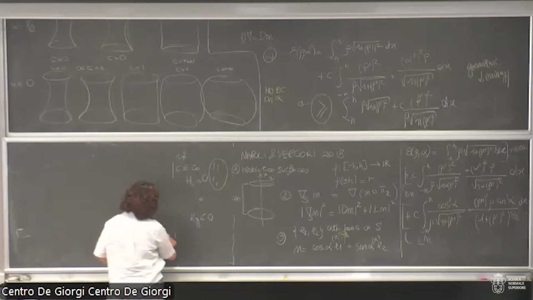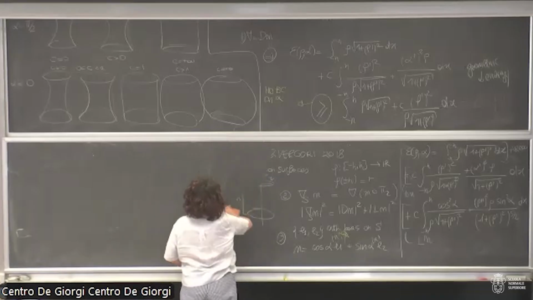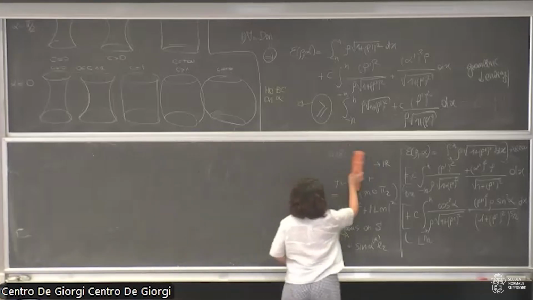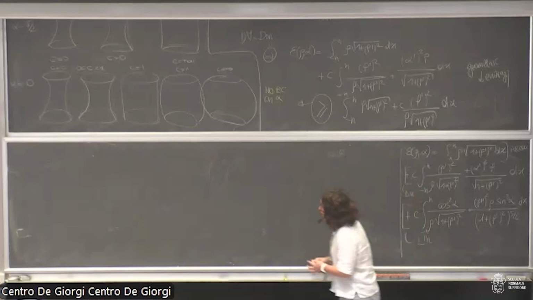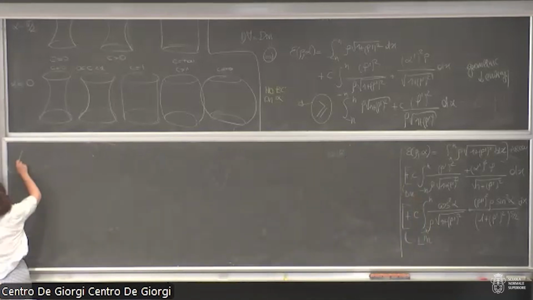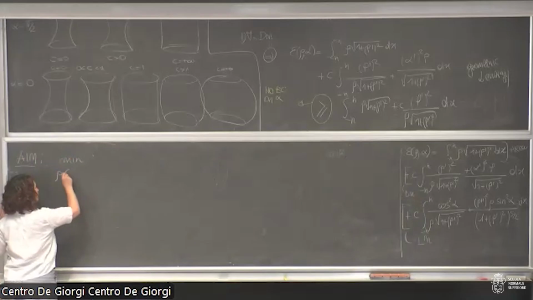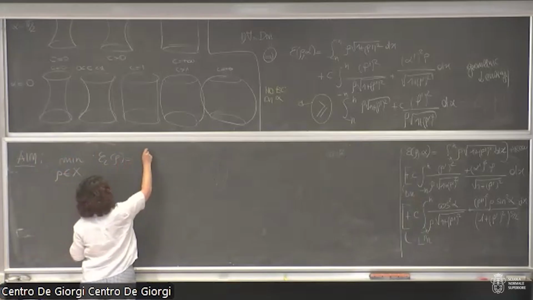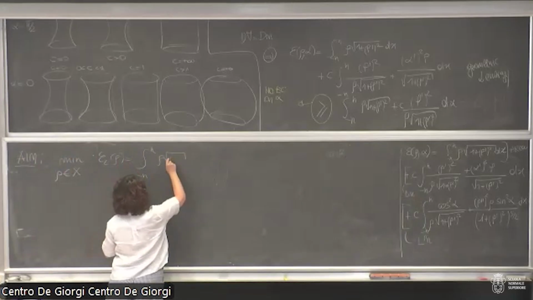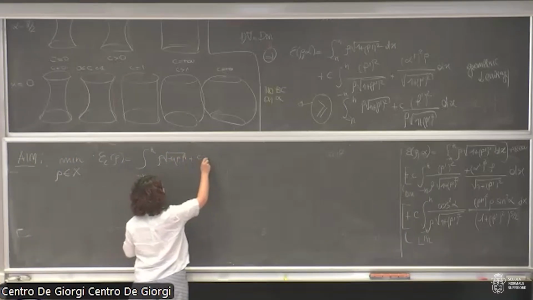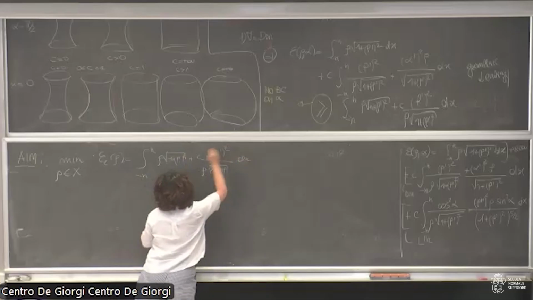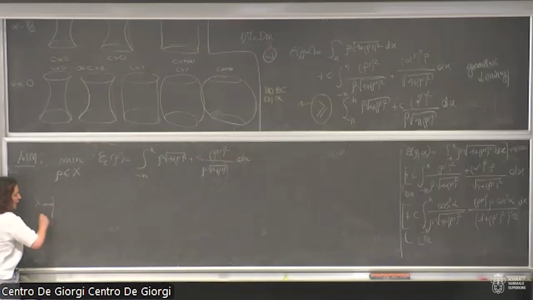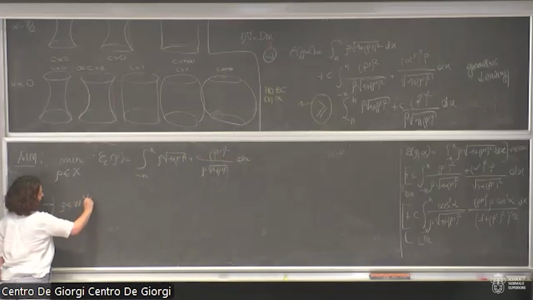So what is our aim? We want to minimize this functional, so it is the integral of the area in this space where rho is a W^{1,1} function.